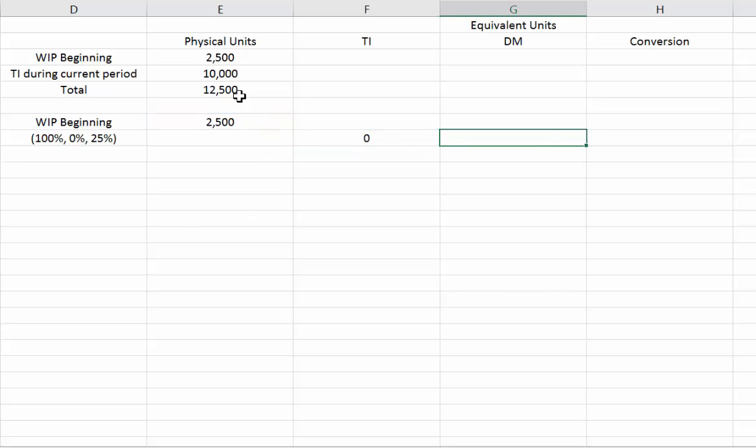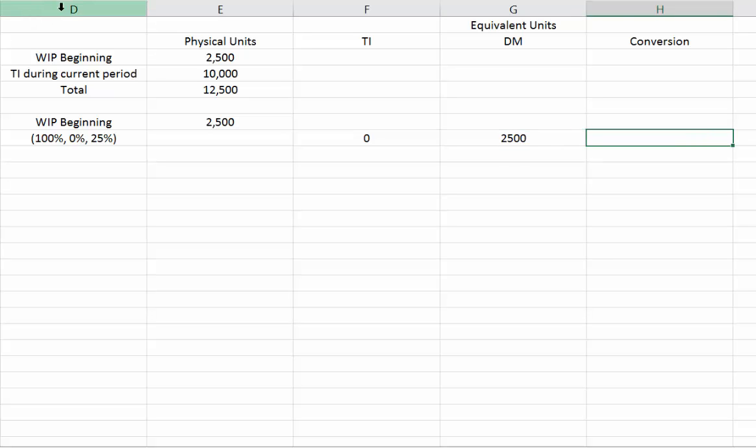For DM it's the same thing. We're going to multiply 2,500 by the remaining percentage, which is 100% minus 0%. So which means you have to do 100% of work. So it's 2,500.